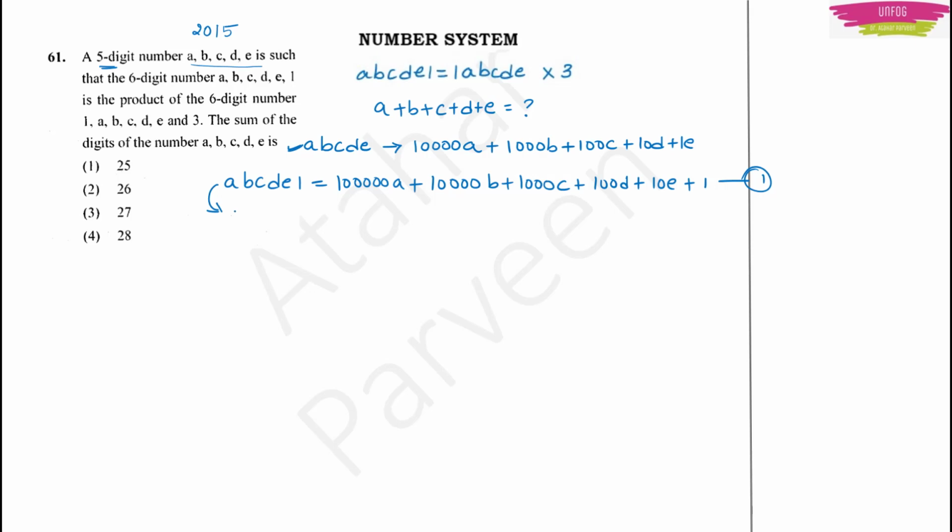Now they have told that this number is equal to 3 times 1ABCDE.